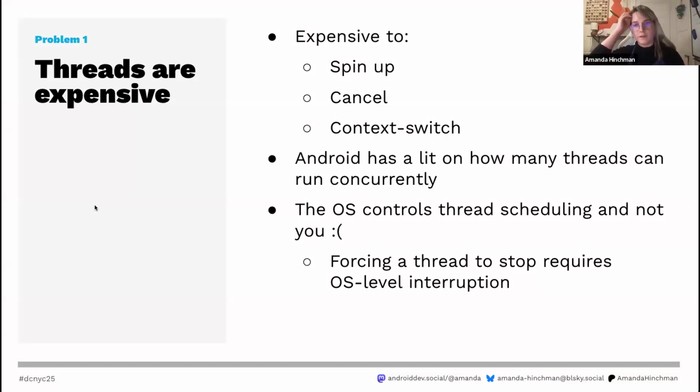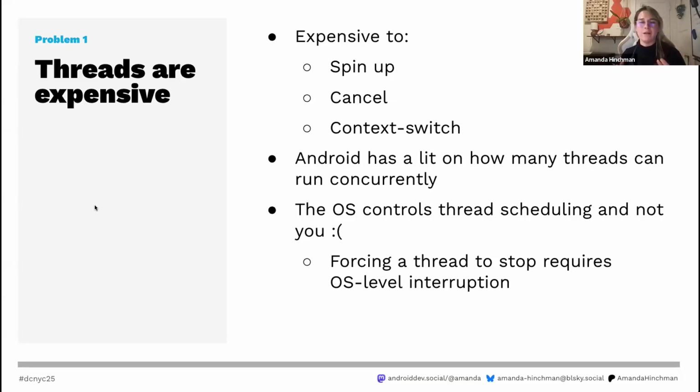Okay, let's talk about the first problem that coroutines try to solve. The first problem is that threads are expensive. They're expensive to spin up, they're expensive to cancel, and they're pretty expensive to context switch. Android in particular has a limit on how many threads can run concurrently, and all systems have a memory limit.